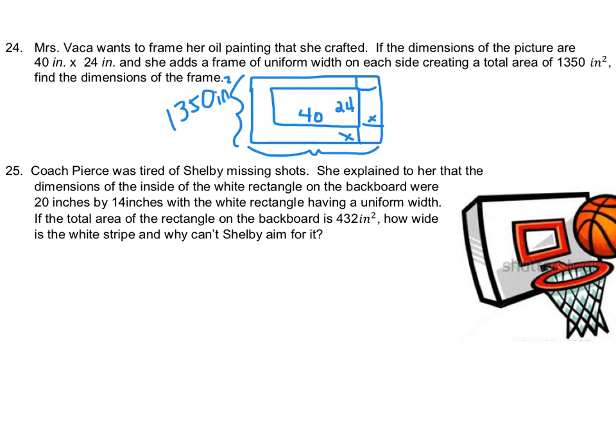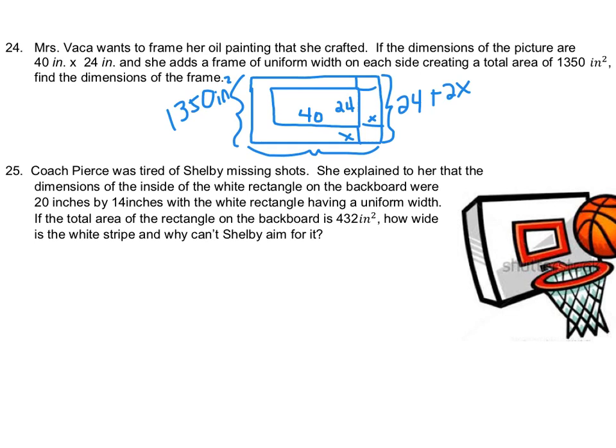Okay, so since we know that's the total area, we can find the value of x by setting up a quadratic equation and setting that equal to 0. So let me go ahead and set that up. We're going to do 24 plus 2x, because in order to get this length right here, I need to add the 2x to the 24. So this side is 24 plus 2x.